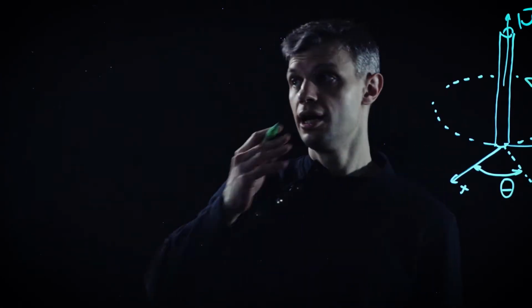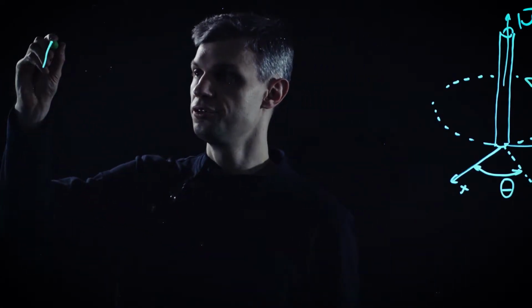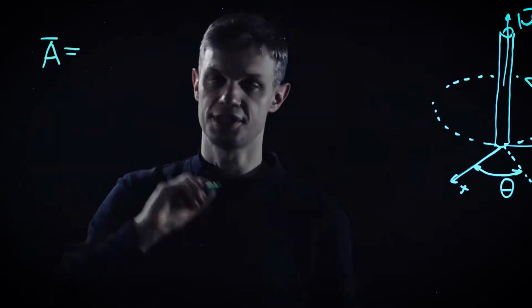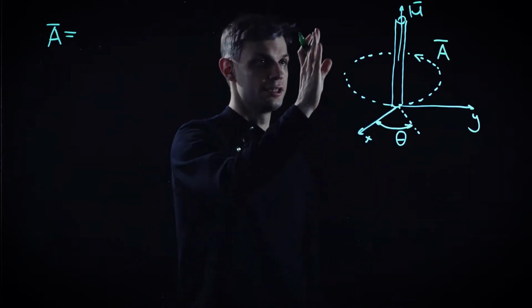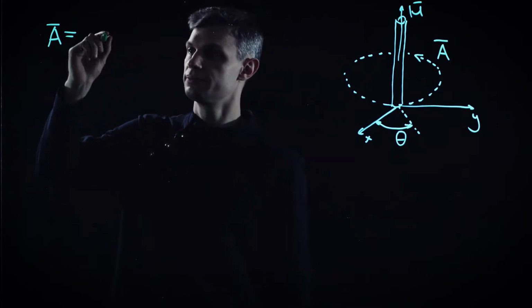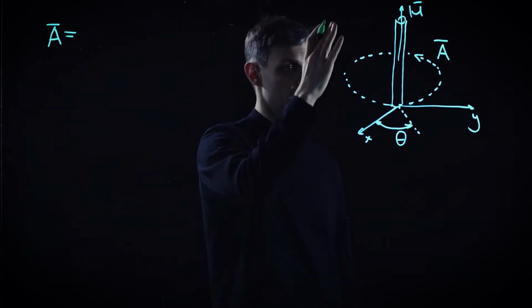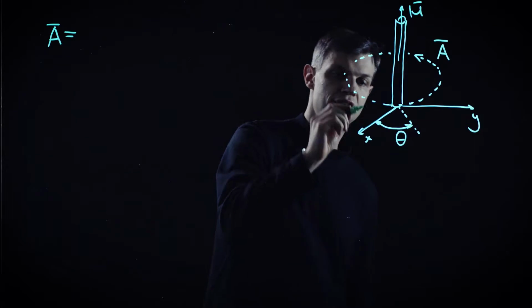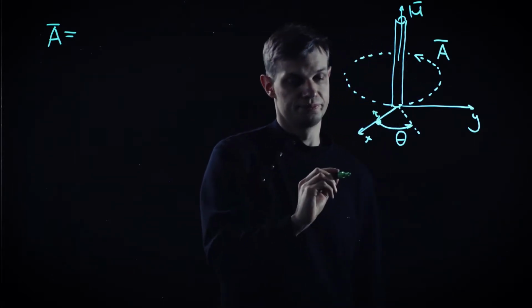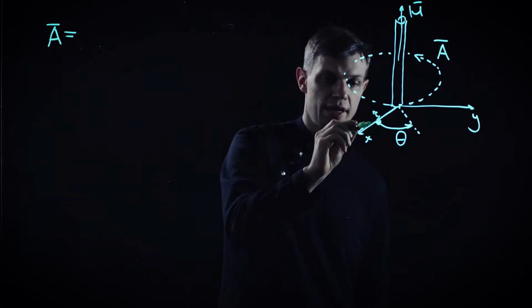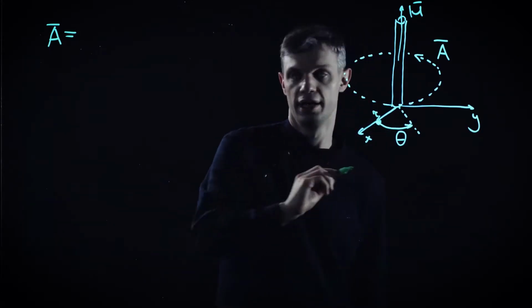So far so good. Now let's introduce the actual formula for the vector potential. The vector potential for an infinitely small solenoid is given, well, it's easy to introduce polar coordinates. So here r is the radial coordinate, and theta is the polar angle.